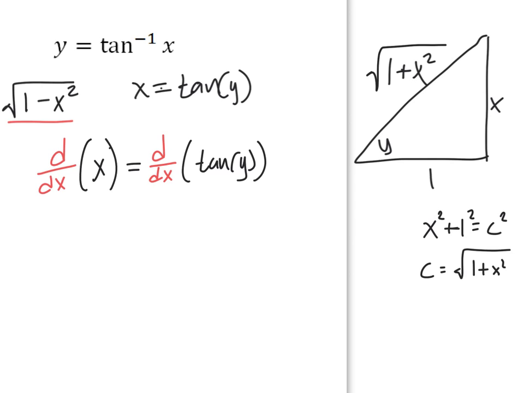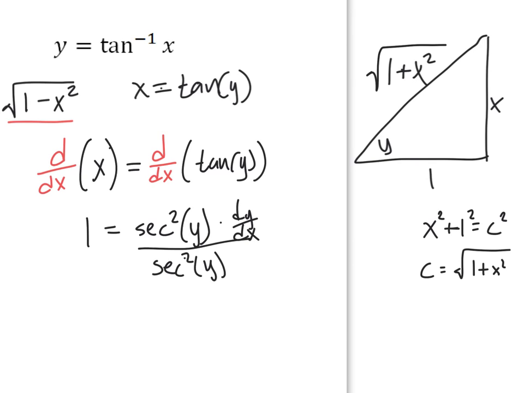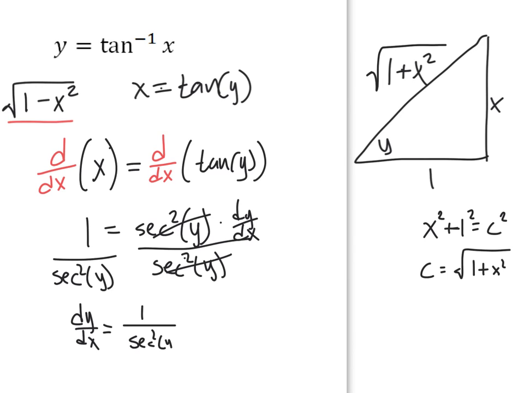As a result, I'm going to get 1 here, and over here I'm going to get secant squared of y times dy/dx. I'm going to divide everything by secant squared of y. So as a result, I get dy/dx is equal to 1 over secant squared of y.